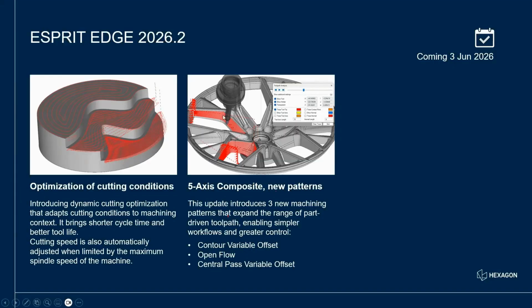You can have different profiles with respect to the part, and multiple 3D profiles are involved. In that scenario, these new patterns will definitely help to get a clear toolpath, and you can expect a very good finish. These are some of the latest updates we have.